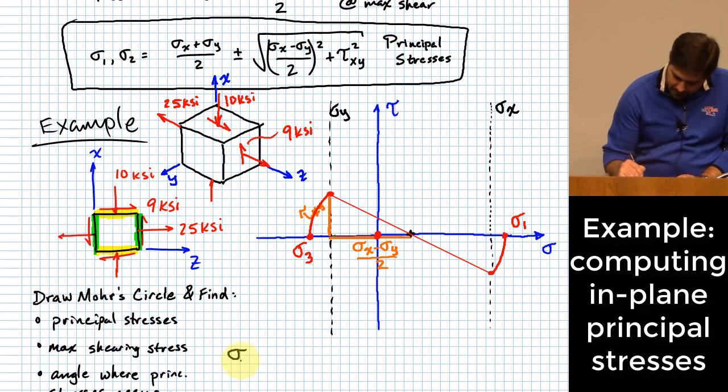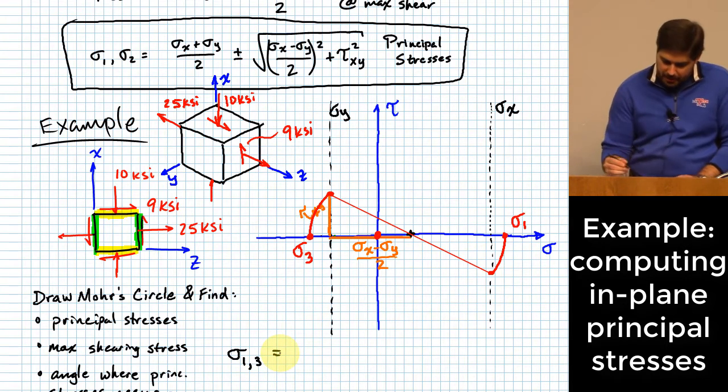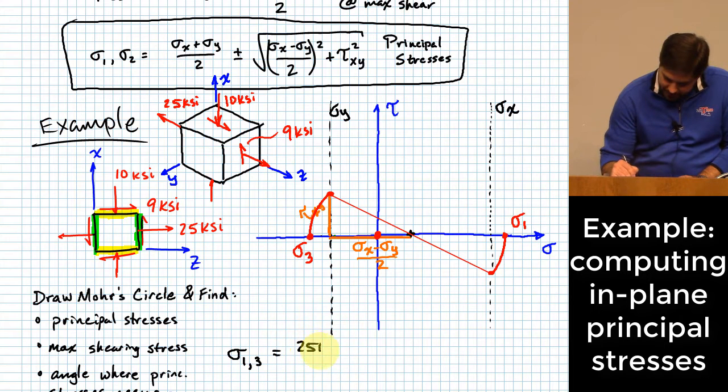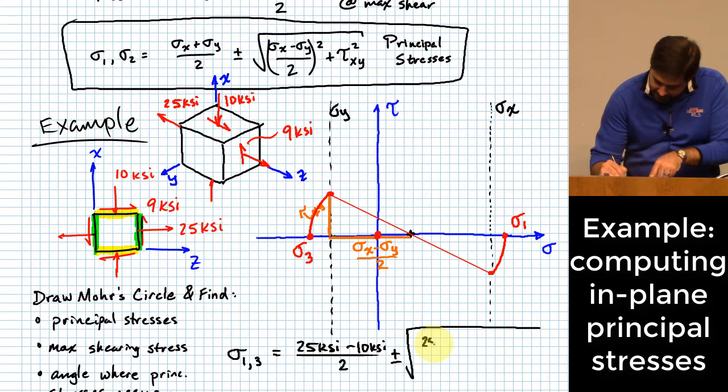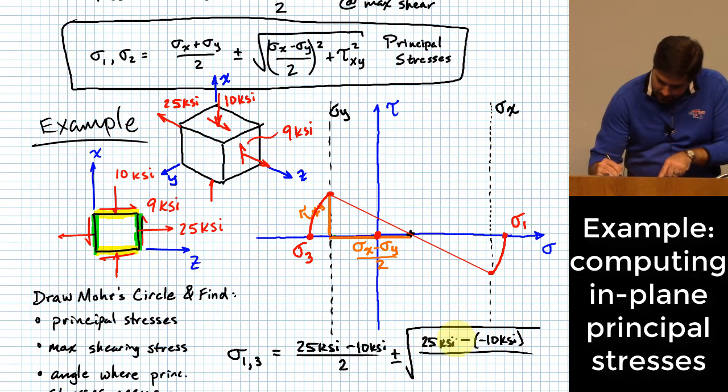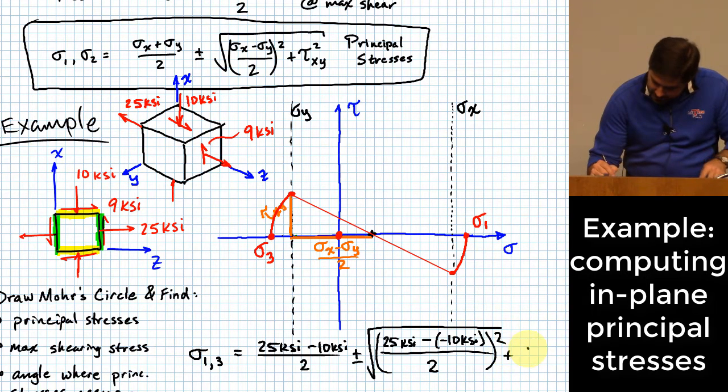Okay, sigma 1 and 3 is just going to be equal to 25 KSI minus 10 KSI over 2 plus or minus the square root of 25 KSI minus a minus 10 KSI over 2, all of that squared, plus 9 KSI squared.